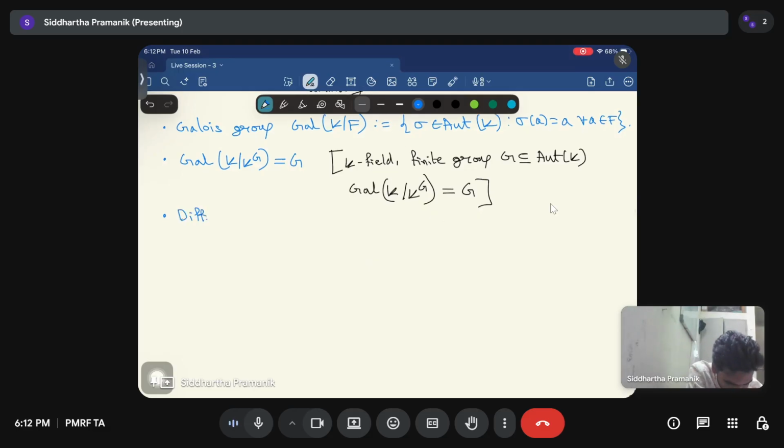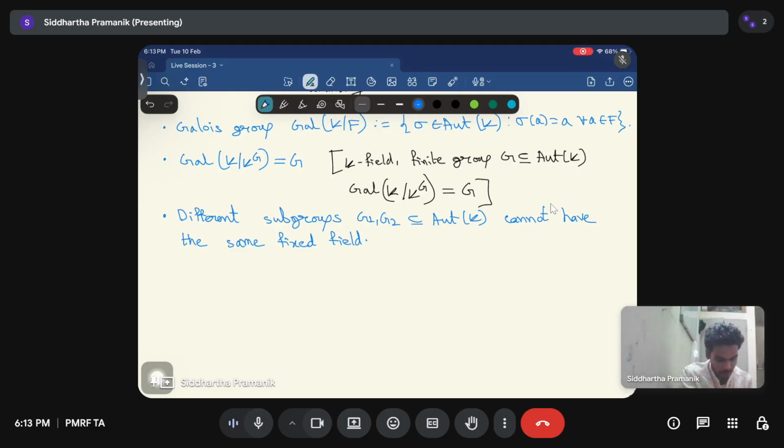Different subgroups of the automorphism group cannot have the same fixed field. So this is the corollary of the previous result.